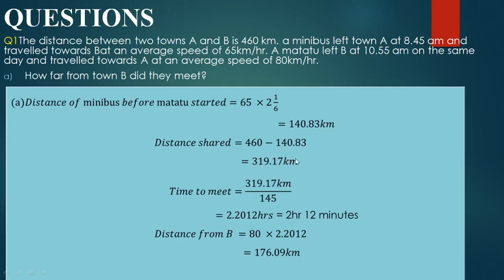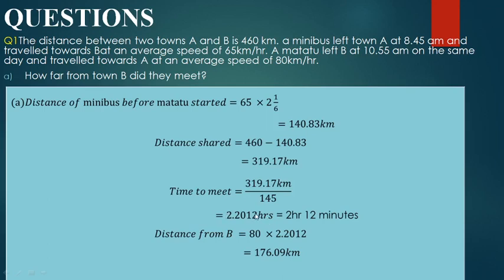So the time taken to meet is this shared distance divided by the relative speed. And the relative speed is 80 plus 65 because they are moving in opposite directions, which is 145 kilometers per hour. So we divide this and this, we find 2 hours and 12 minutes.